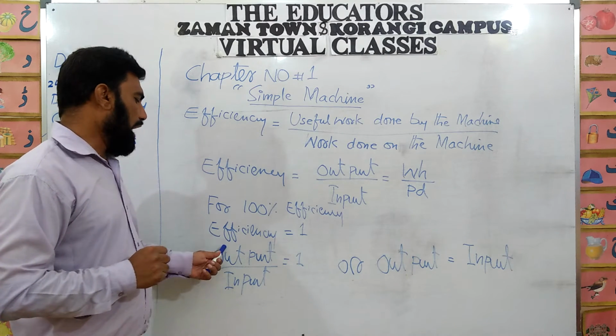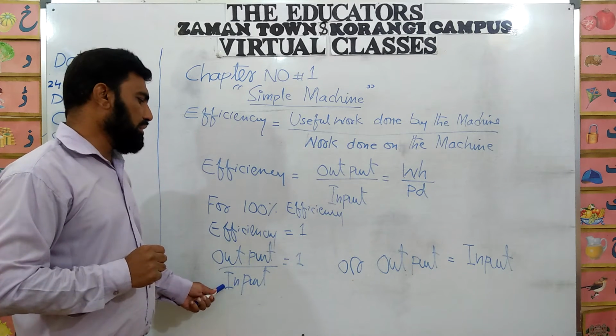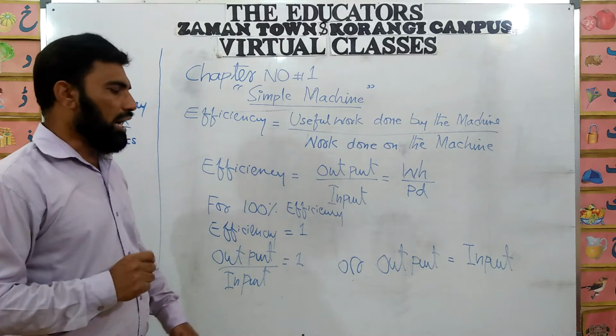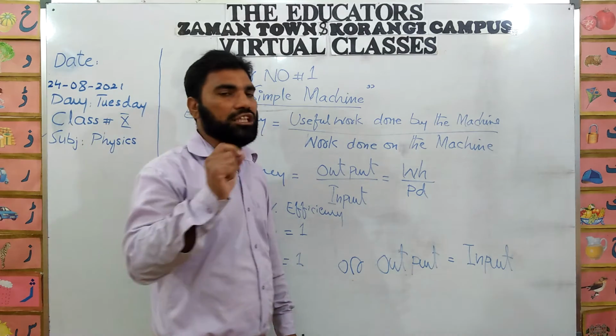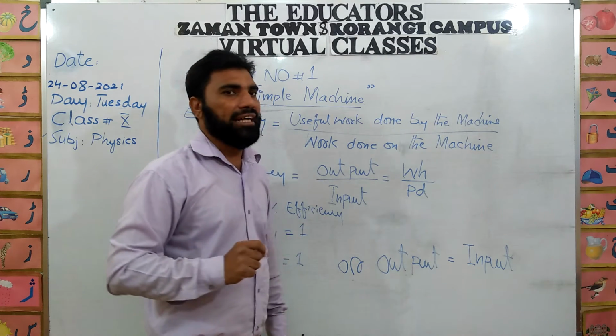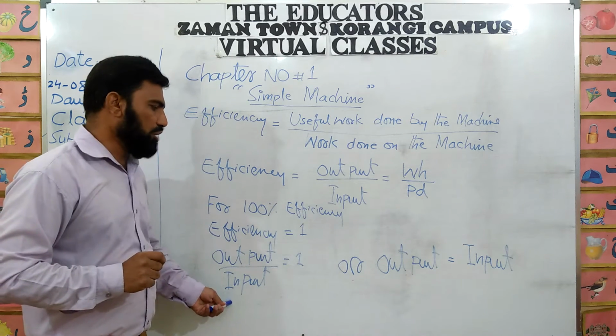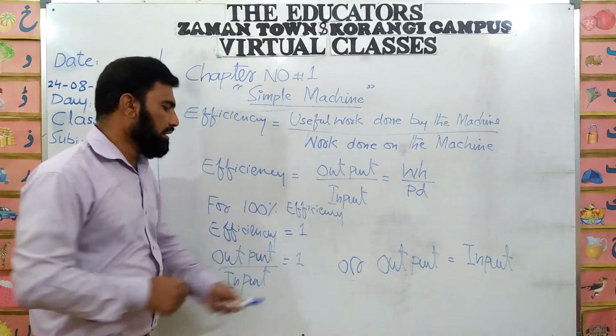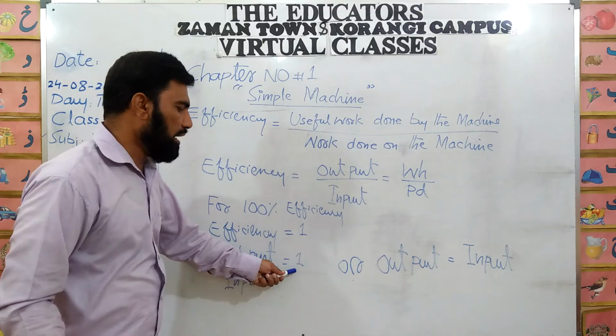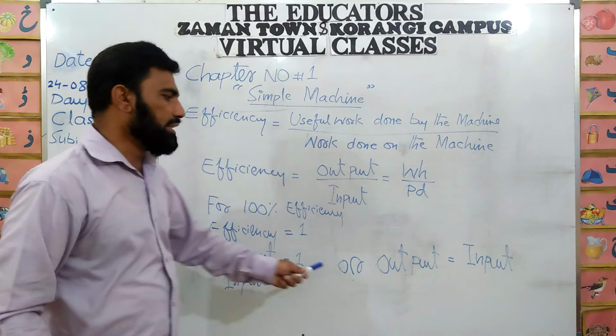Suppose output divided by input is equal to 1. Then when input is divided on one side, it multiplies by 1 on the other side, so output is equal to input.